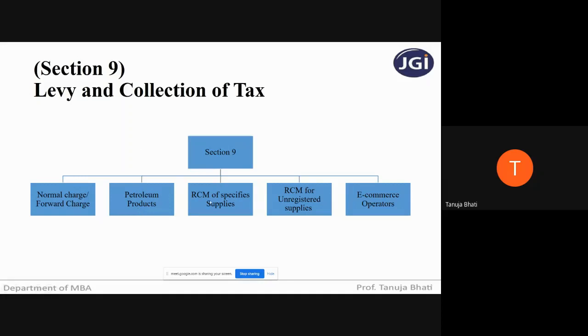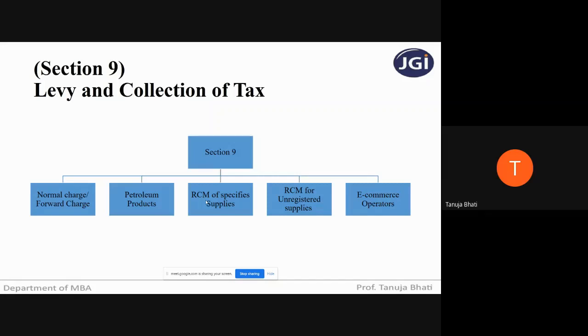Now, when we come to RCM of specified supplies, what do you mean by RCM? The full form of RCM is reverse charge mechanism. When I said forward charge, what did I mean? It is where the supplier pays the tax to the government. In case of reverse charge, the recipient makes the payment of tax to the government.